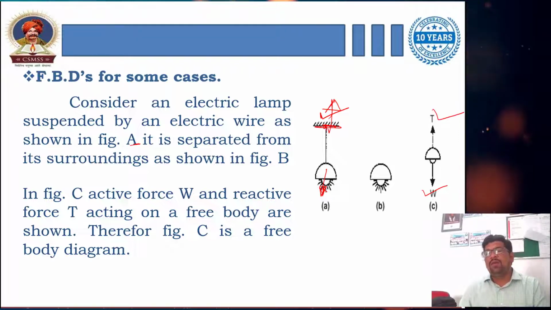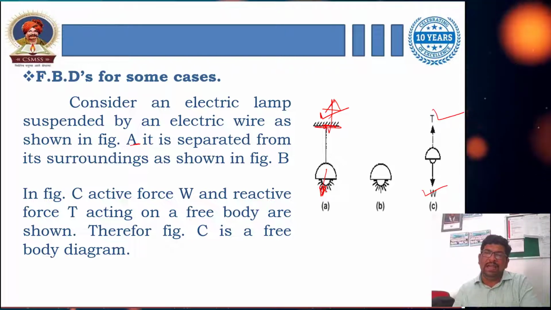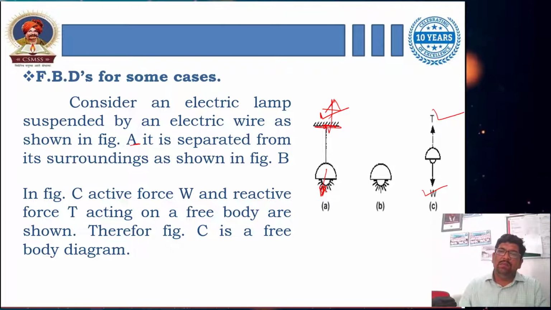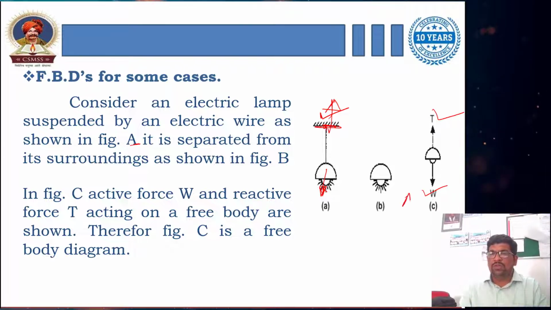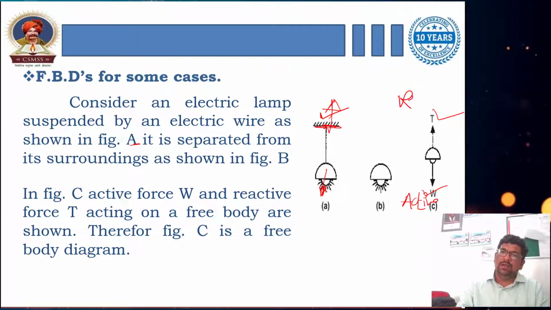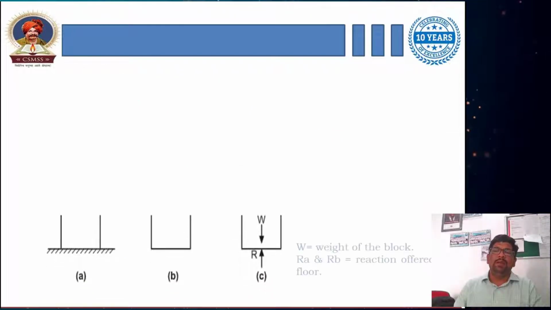The weight or load of that lamp is resisted by T, so W is an active force and T is a reactive force. Like this we have the free body diagram, and after this we can solve the problem.